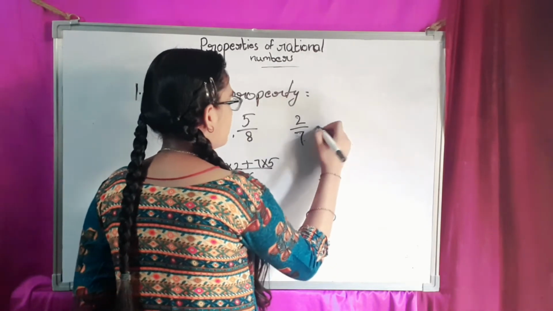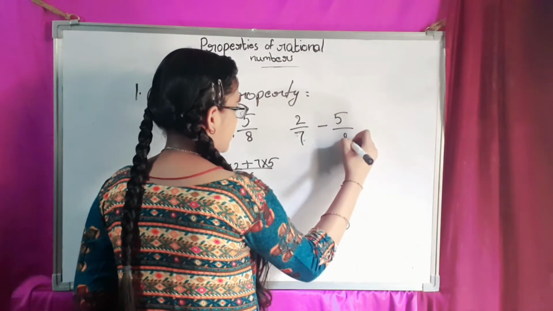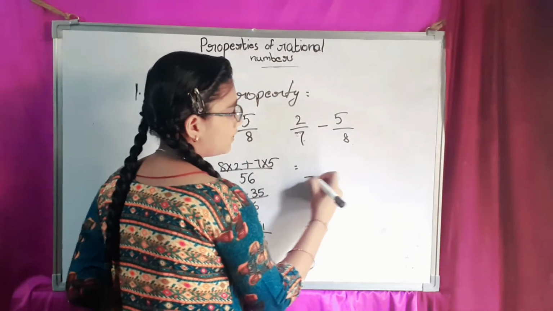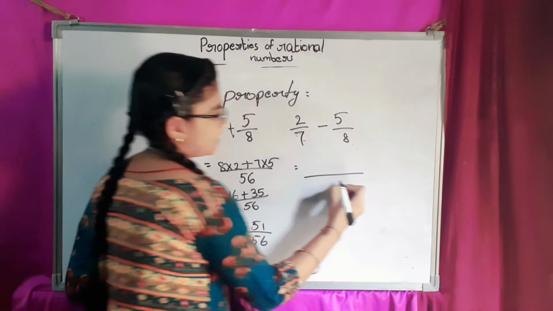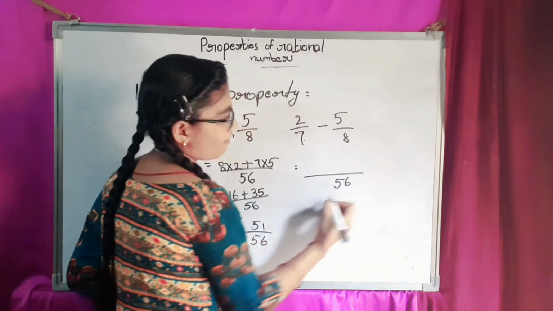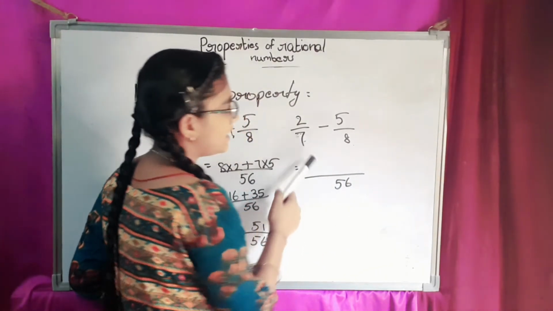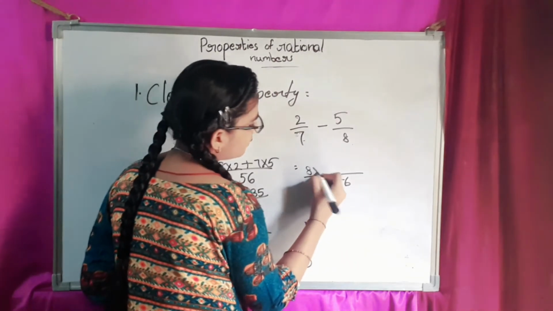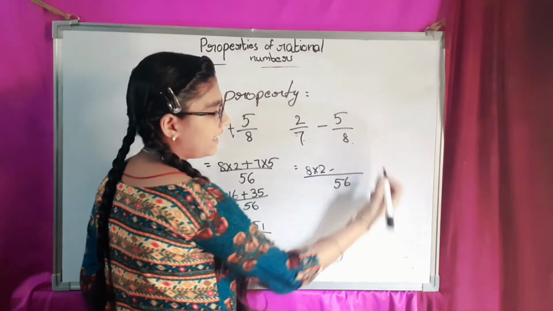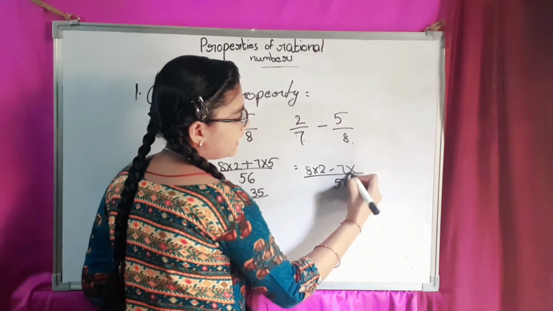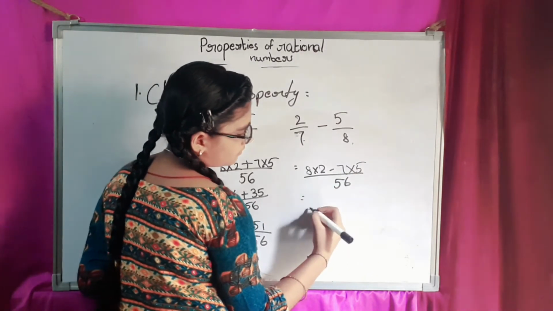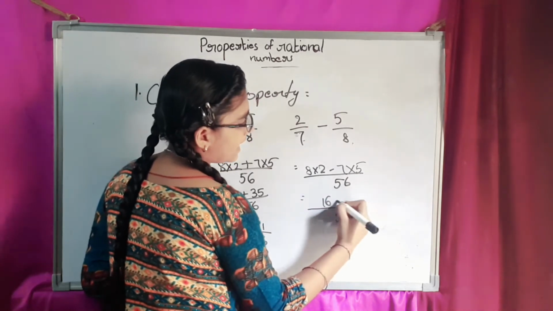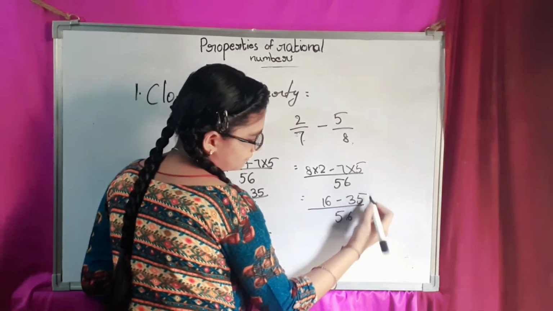2 by 7 minus 5 by 8. The LCM is 56. In the 7 table, it goes 8 times, so 8 into 2, and in the 8 table, 7 times, so 7 into 5. 8 2s are 16 minus 35.